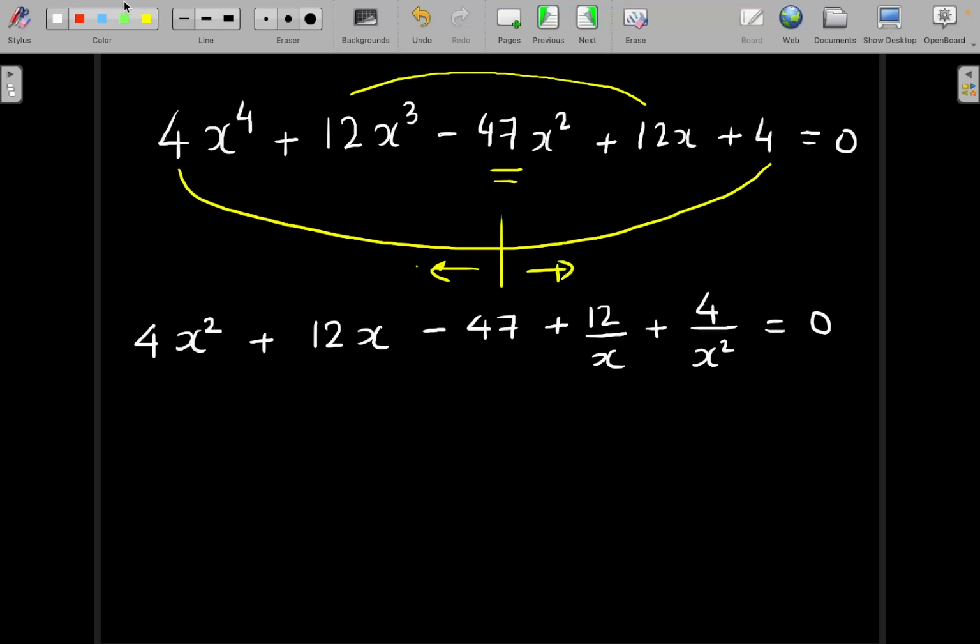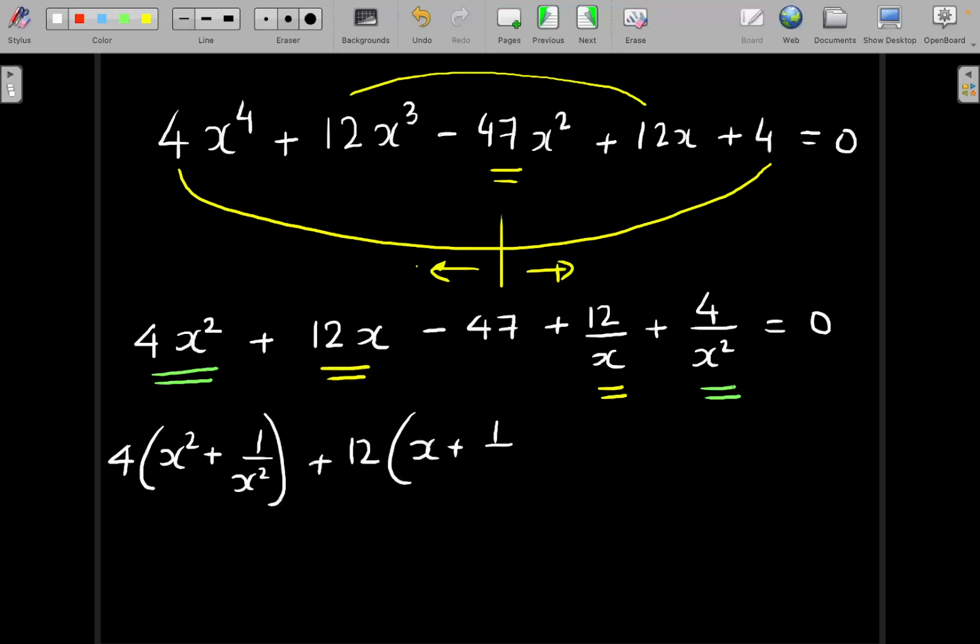Now the next step is to combine these terms. The 4x square combines with 4 over x square, and the 12x combines with 12 over x. Let's rewrite this now. This will become 4 into x square plus 1 over x square plus 12 into x plus 1 over x minus 47 equal to 0.